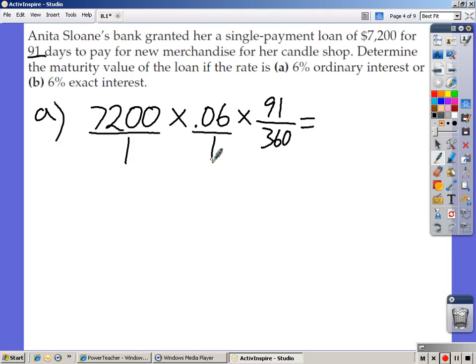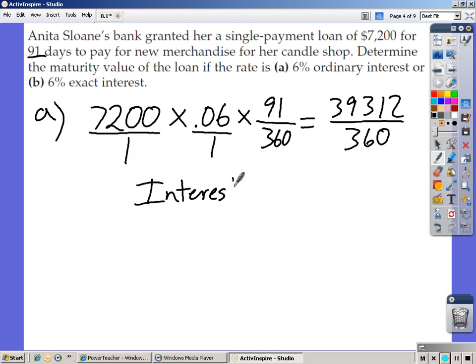You should come up with 39,312. 1 times 1 times 360 is 360. Okay? Divide that out. 39,312 divided by 360. Your interest equals 109.20.